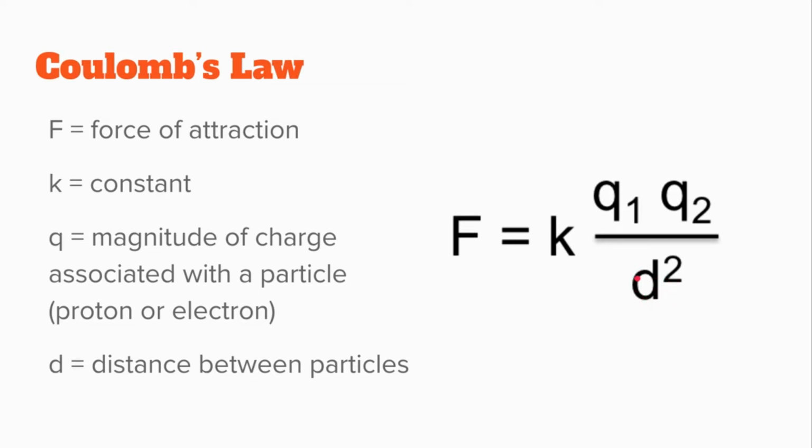What we really need to know with Coulomb's law is that force is inversely related to distance. So force is charge over distance squared, and force and distance are inversely related. So the closer that electron is to the nucleus, the stronger the force of attraction will be.